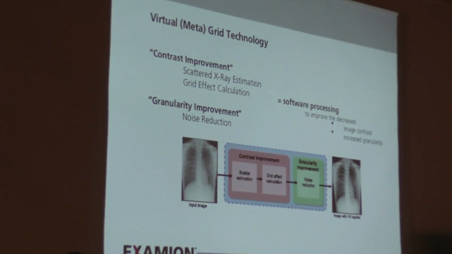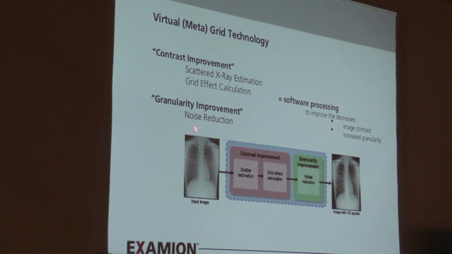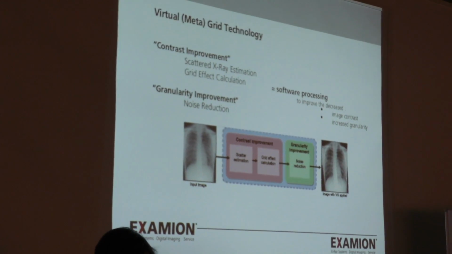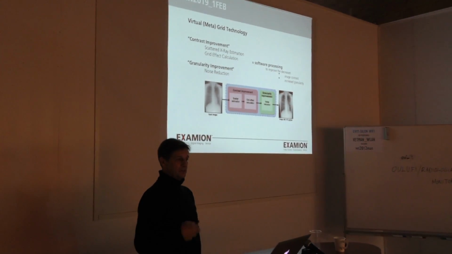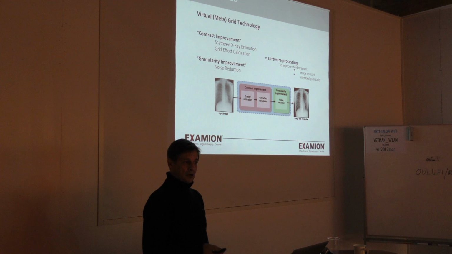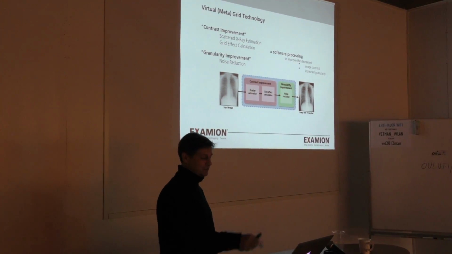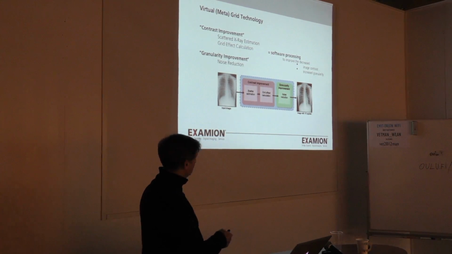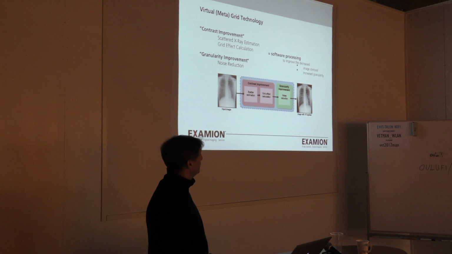That's exactly what metallic grids also do, but we also add a noise reduction. When you use grids at low dose, the images become a little bit more granular, and because they are more granular, they are never going to be of the same quality as using no grid where you had no scatter. But with the software, we can do a noise reduction, which a grid cannot do.